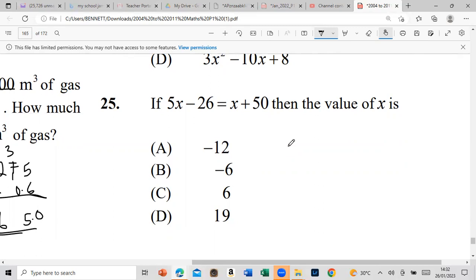Alright, type it in. Alright, let's see if you guys can finish before me. So we have 5x minus 26. You got a 1 minute head start. You guys should be finished by now.